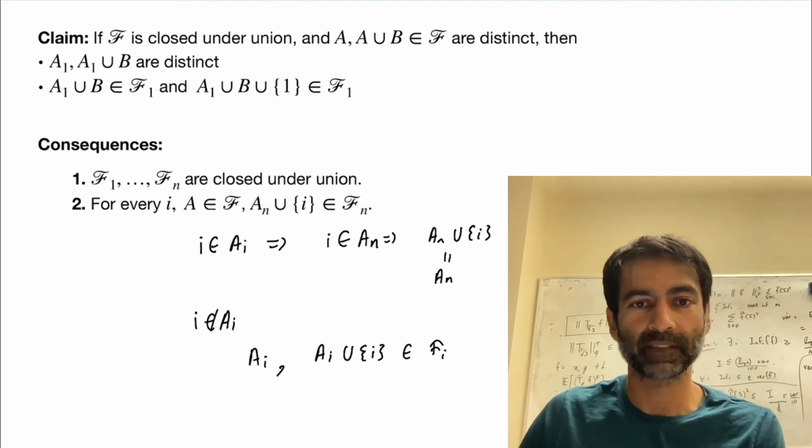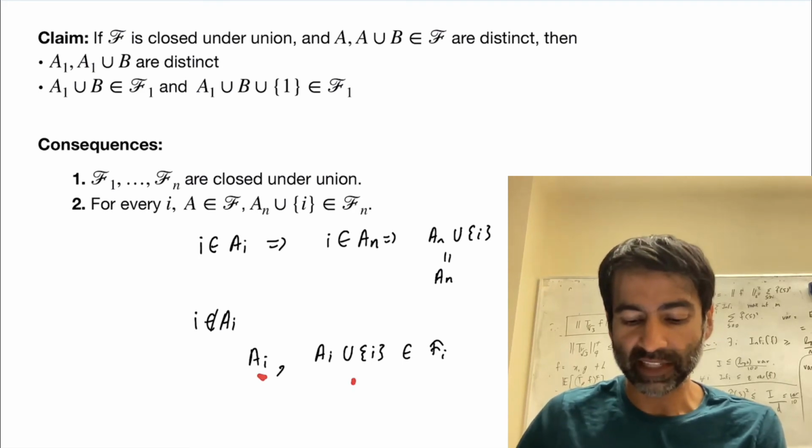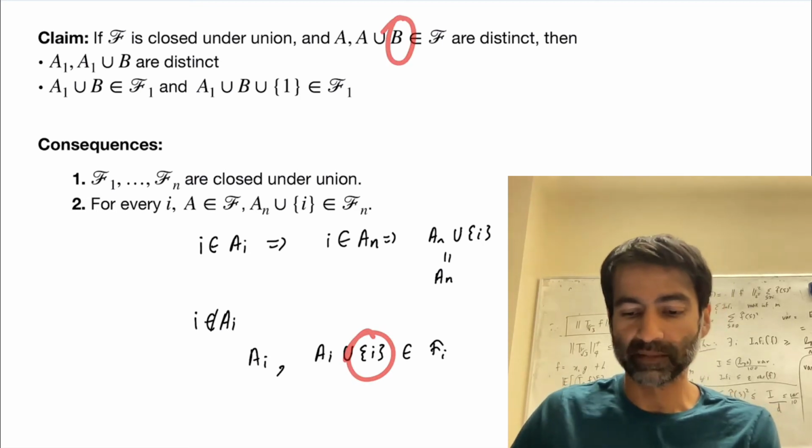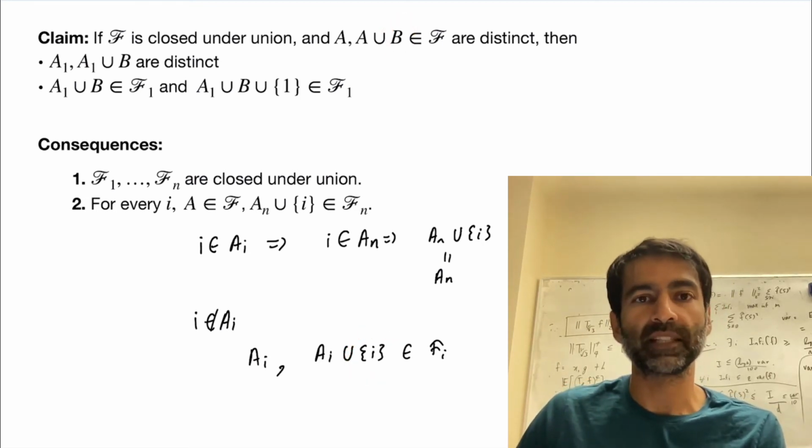So now I have two distinct sets, A_i and A_i union i. Think of this i here as the B here, and they're both distinct.